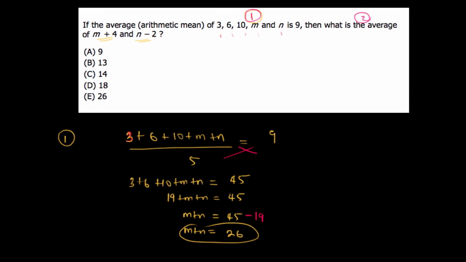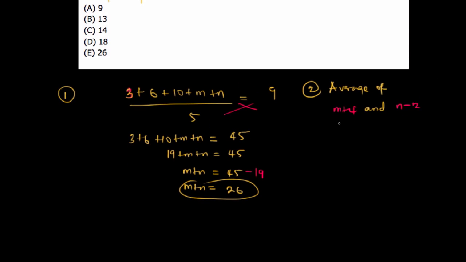What the second statement says is to find the average of m plus 4 and n minus 2. So there are two numbers here. To find the average, it's just the sum divided by 2.